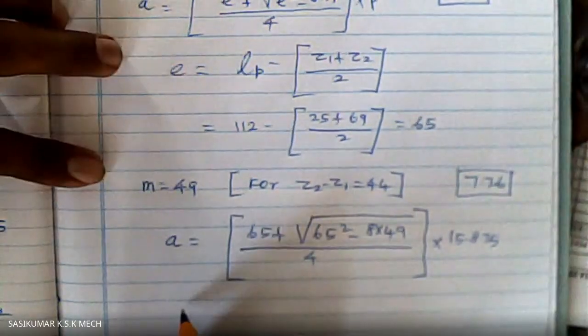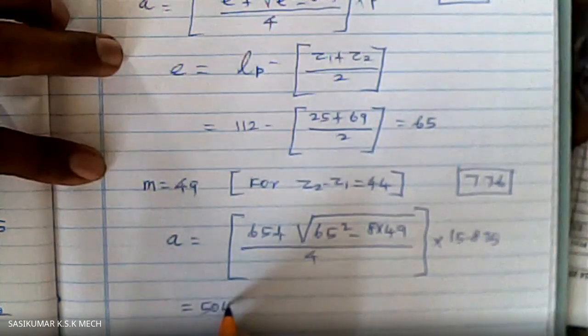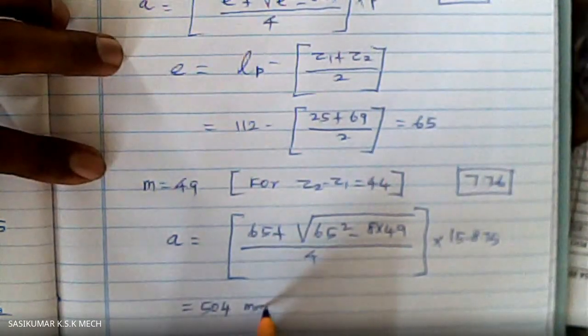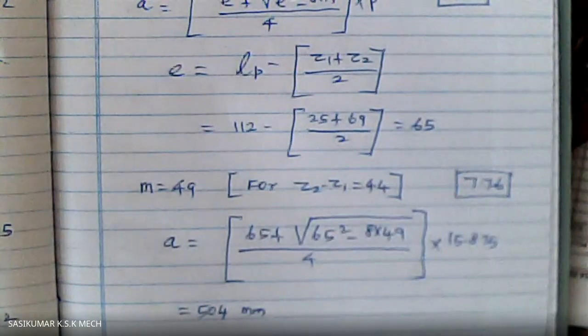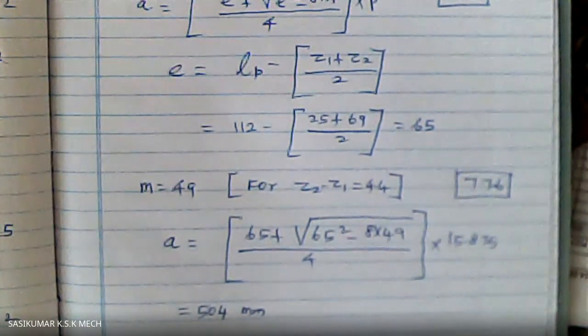So the corrected center distance is 504 mm, which is just 4 mm greater than the requirement. 500 mm is the requirement, and 4 mm is the higher value.